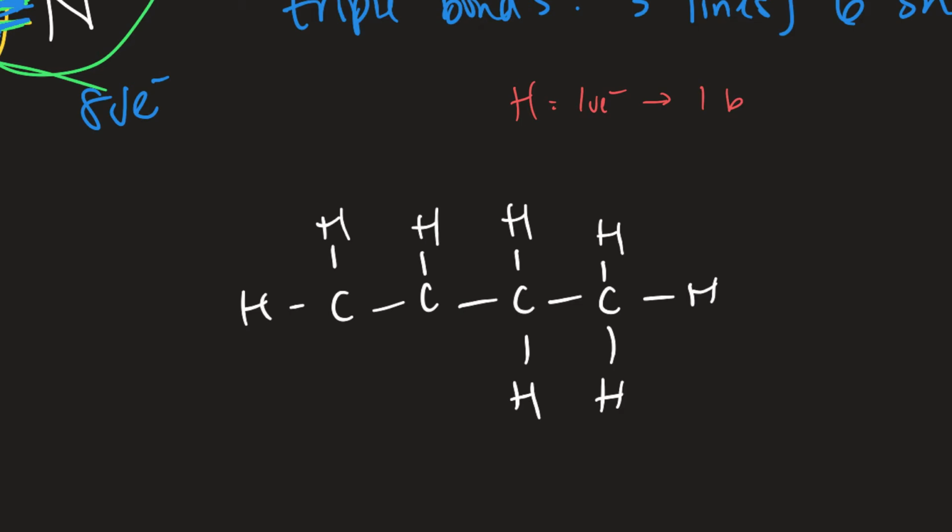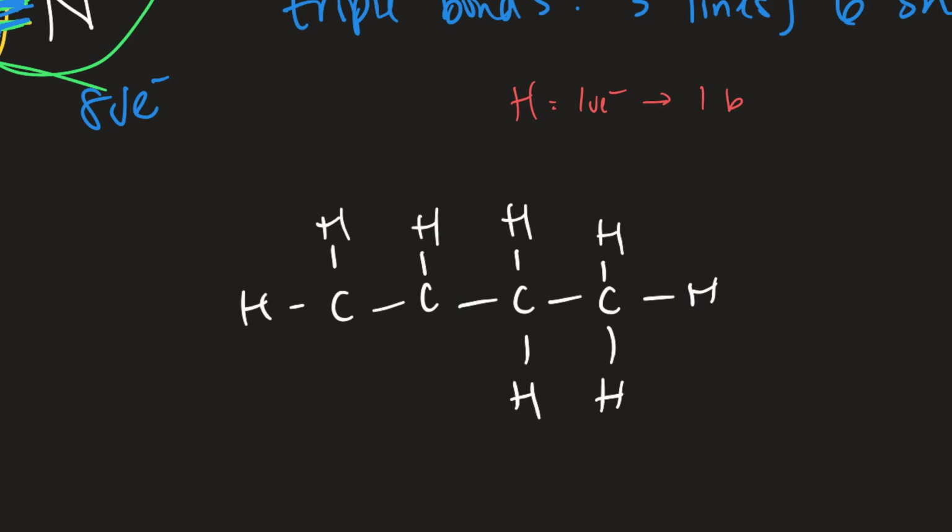Now carbon has 4 valence electrons, and we know that it must have 4 bonds. If we start with the one on the right, let's look at what we have here. This carbon has 4 bonds, so this carbon's cool. This carbon has 4 bonds as well, with access to 4 sets of electrons.